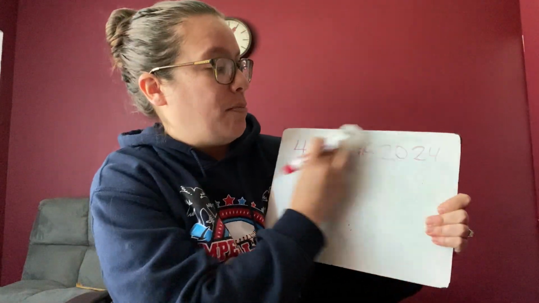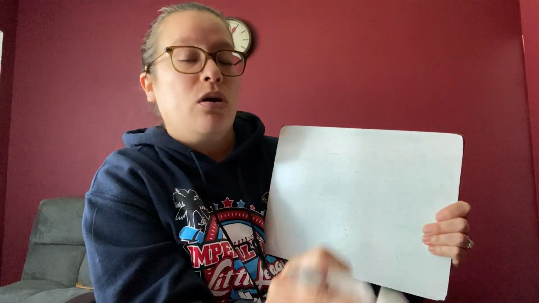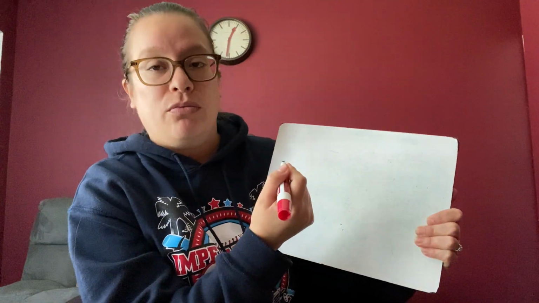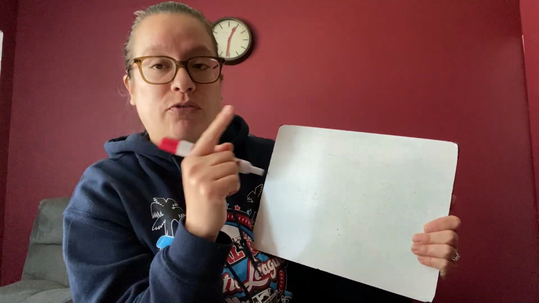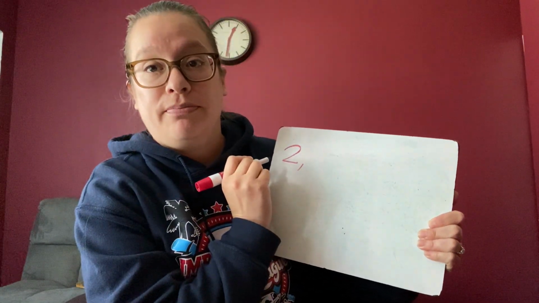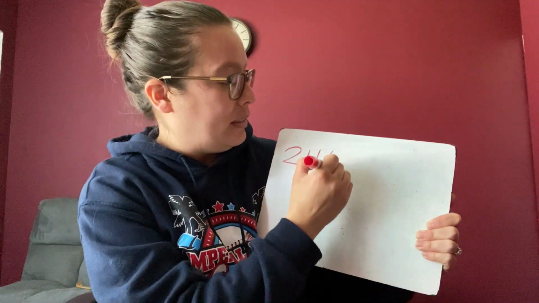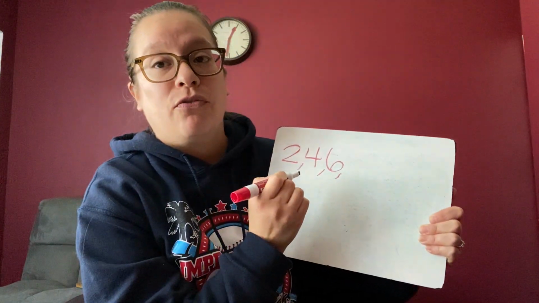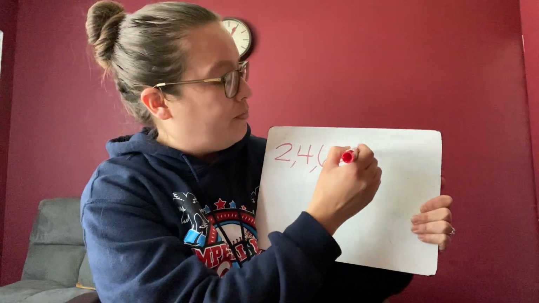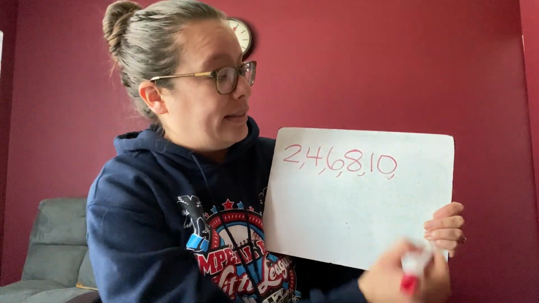So let's do another example. If I said, what are the multiples of 2? Okay. So think about multiples. If you multiply 2 by 1, it would be 2. 2 times 2, 4. 2 times 3, 6. 2 times 4, 8. 2 times 5, 10. 2 times 6, 12. Should we keep going?